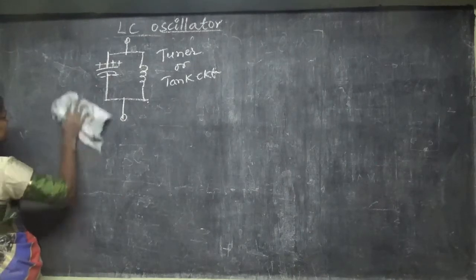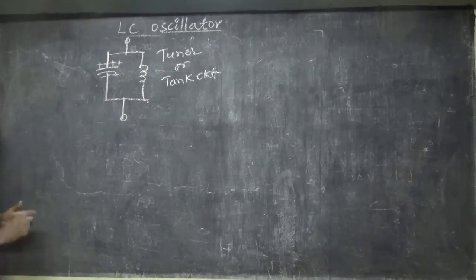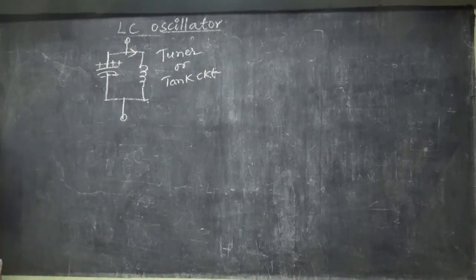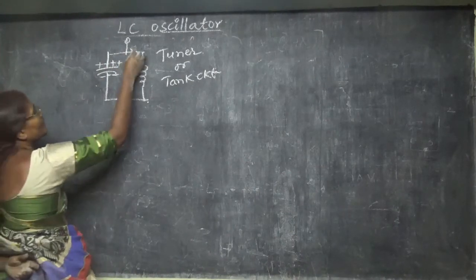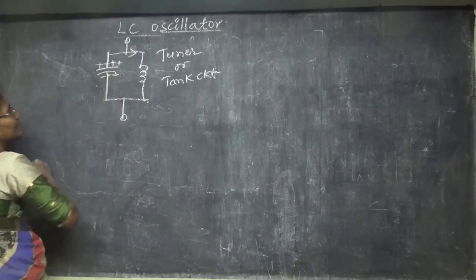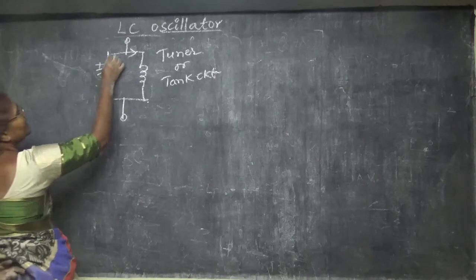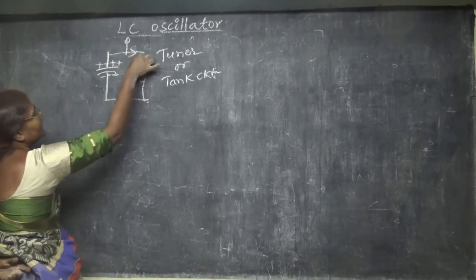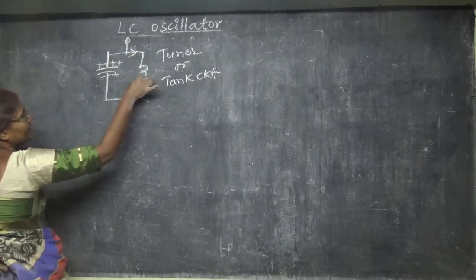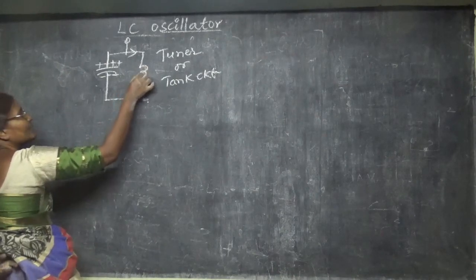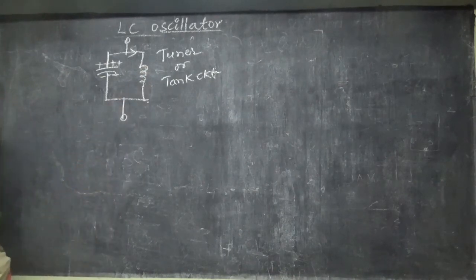Now we know that the current will start flowing. If the current starts flowing, it will enter through the inductor, and this inductor is nothing but a current carrying conductor.